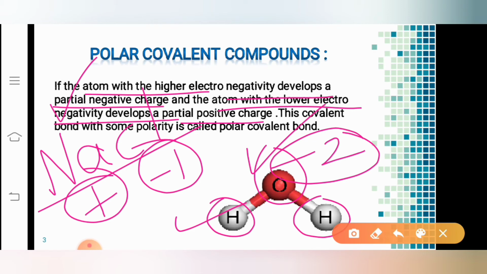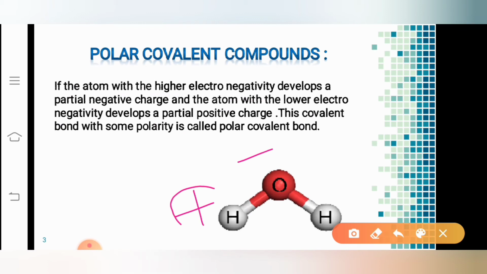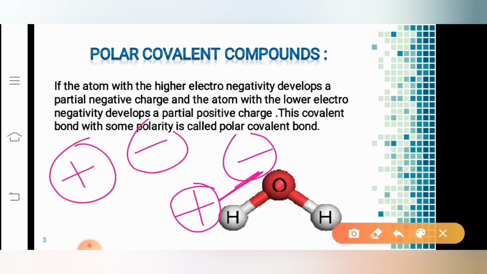Correct? So now the atom with the higher electronegativity has the partial negative charge, and the atom with the lower electronegativity, that is hydrogen, has the partial positive charge. Correct? Oxygen has the partial negative charge and hydrogen has the partial positive charge, and the bond formed between them is the covalent bond, and this covalent bond has some polarity. It has some polarity, because polarity is all about charges.